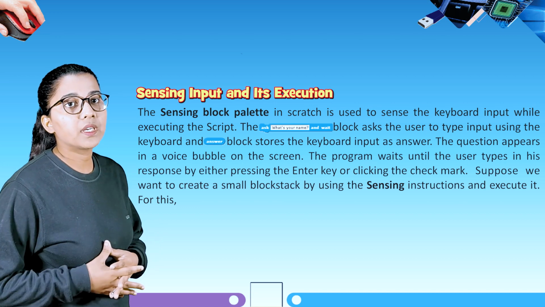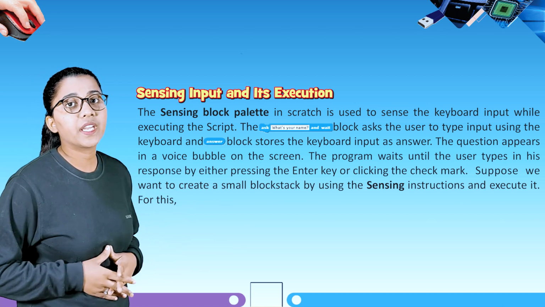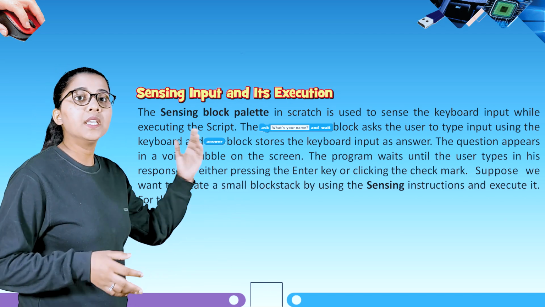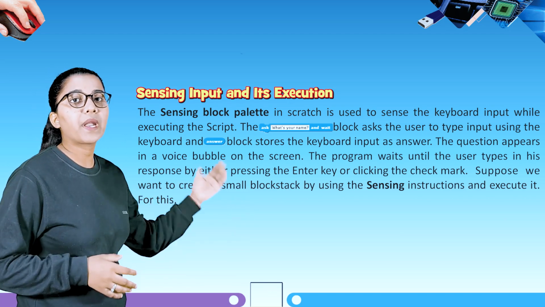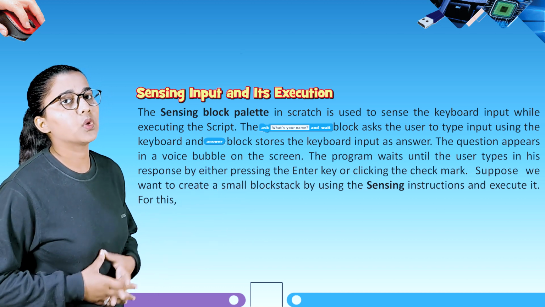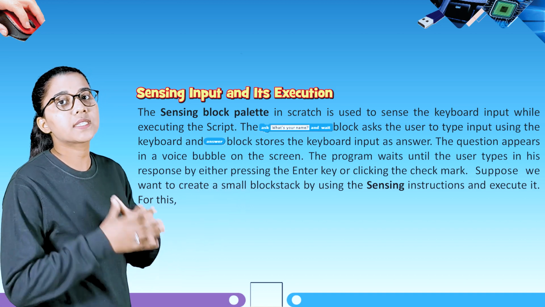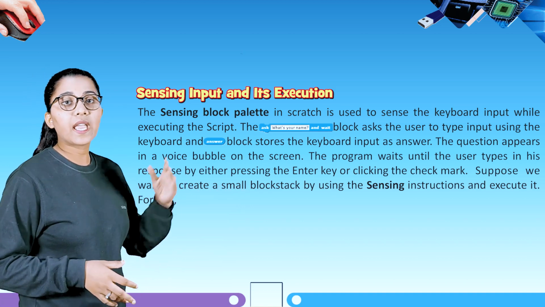The question appears in a voice bubble on the screen. The program waits until the user types in his response by either pressing the enter key or clicking the check mark.